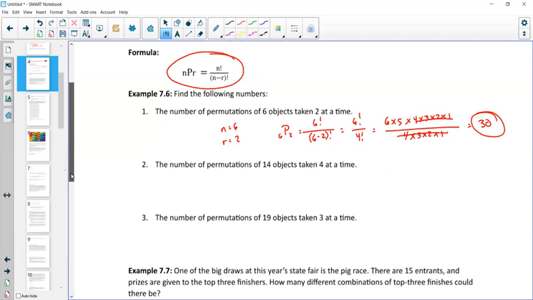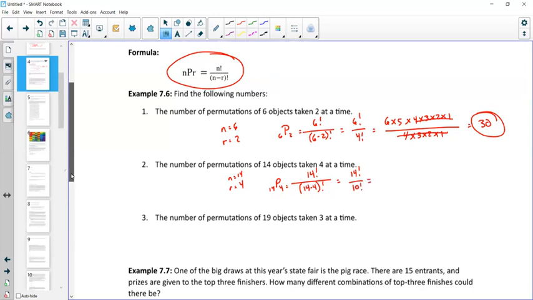Okay? Look at another one here. The number of permutations of 14 objects taken 4 at a time. So n is 14, R is 4. So 14 objects taken 4 at a time is 14 factorial over 14 minus 4 factorial, which is 14 factorial over 10 factorial.